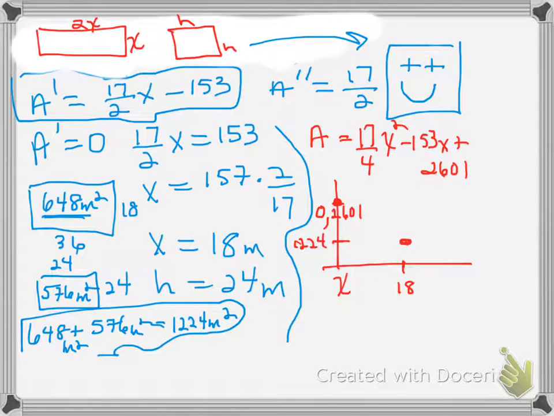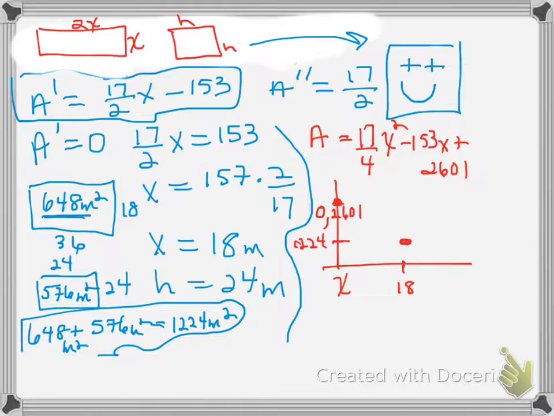What if I used all my fencing and I used it on the rectangular piece? What would that mean? Well, if my h was 0, then all my fencing, so 2x plus 2x plus x plus x, so basically 6x, would equal 204.